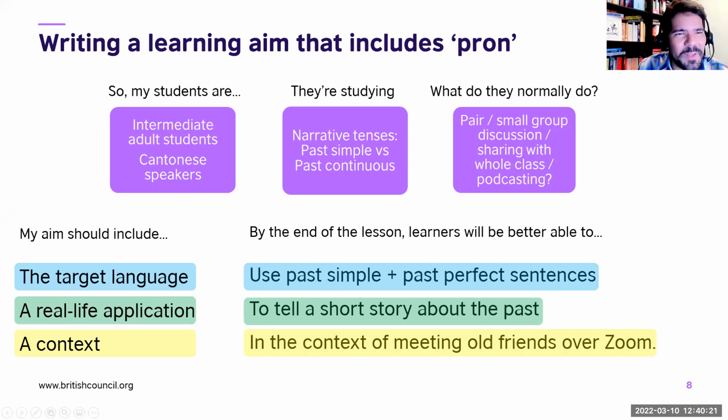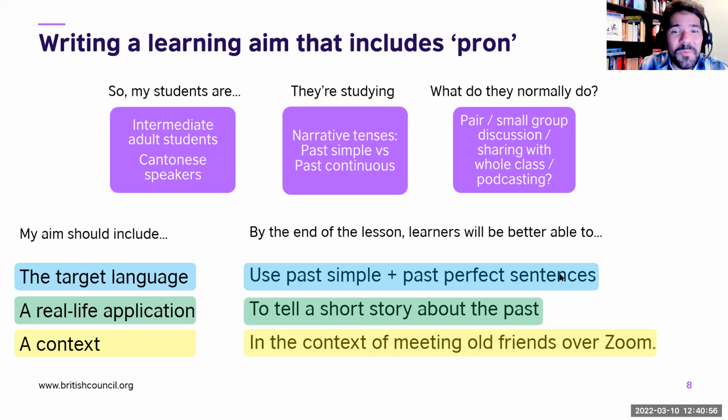A real life application, a way they would use that target language in life, to tell a short story about the past. And a context, where would they share a short story about the past? Well, maybe in the context of meeting old friends over Zoom, because people are not traveling a lot, so people are meeting up online quite often. That is a realistic context, and that's exactly what we want.